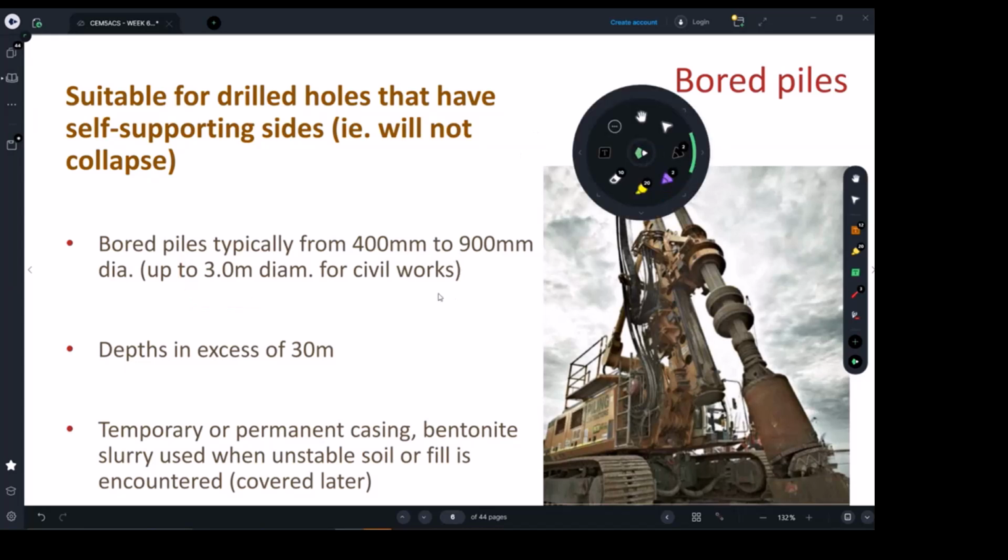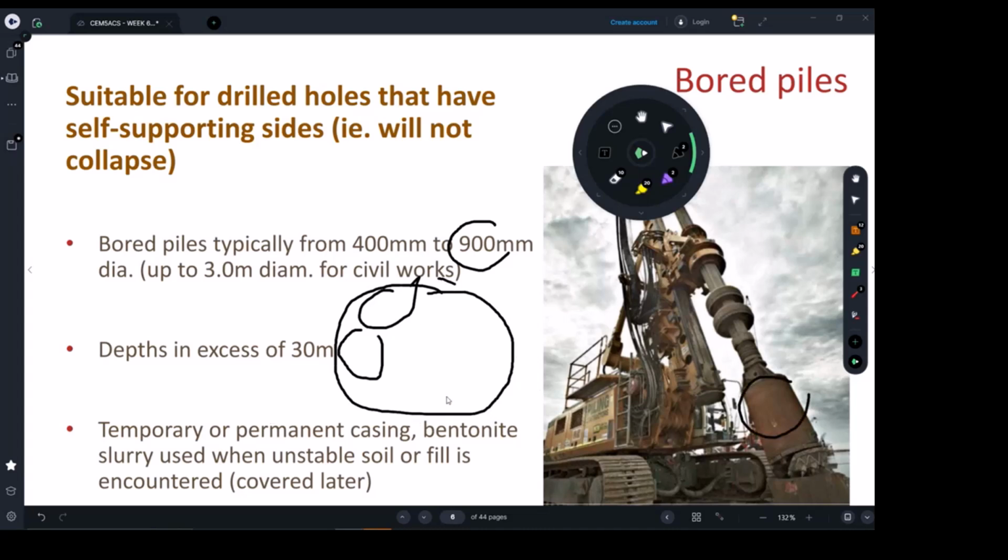I've seen a case where, say, this is the 3 meter diameter. They basically make different holes. They use maybe the 900 and keep digging until they achieve it. So they don't really have a cylinder which goes 3 meters. They will just do it in different stages until they achieve the 3 meters diameter.